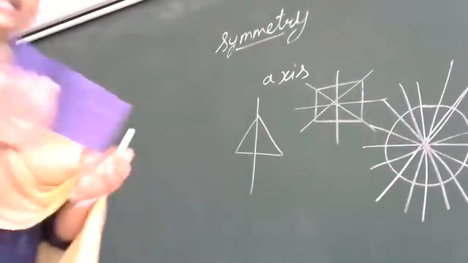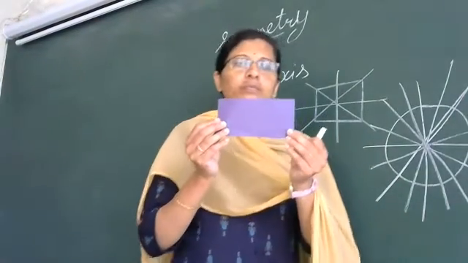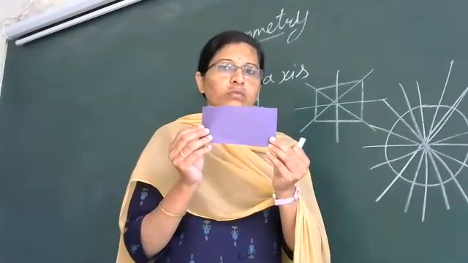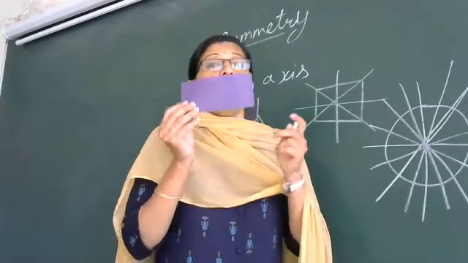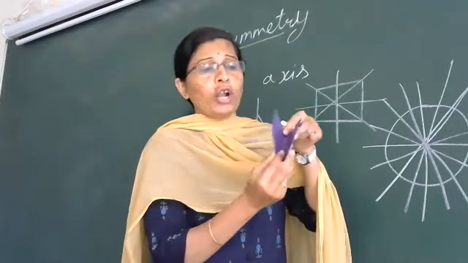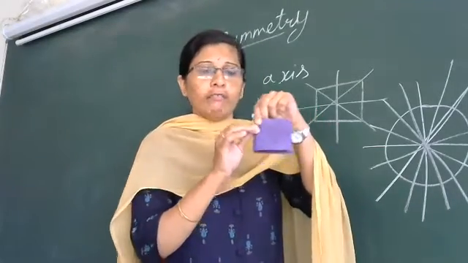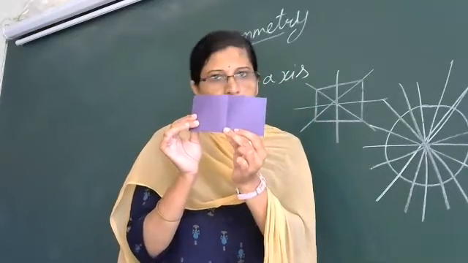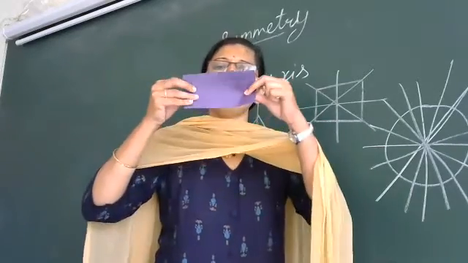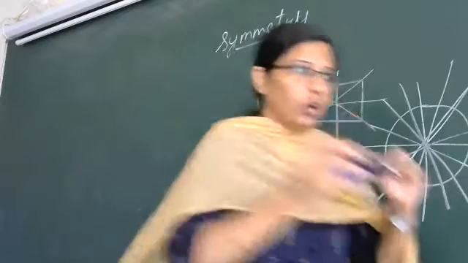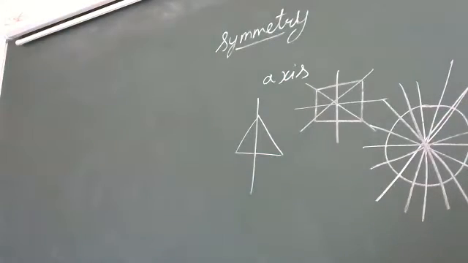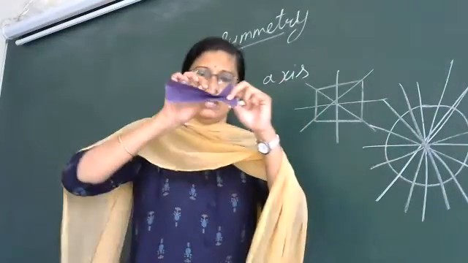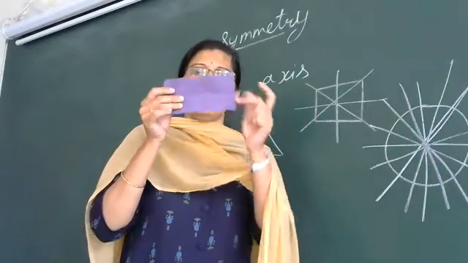Now which shape is this? Rectangle. Now, rectangle, if I fold vertically, I am getting one line of symmetry. If I fold horizontally, one more line of symmetry I get. Here one more line of symmetry I get.